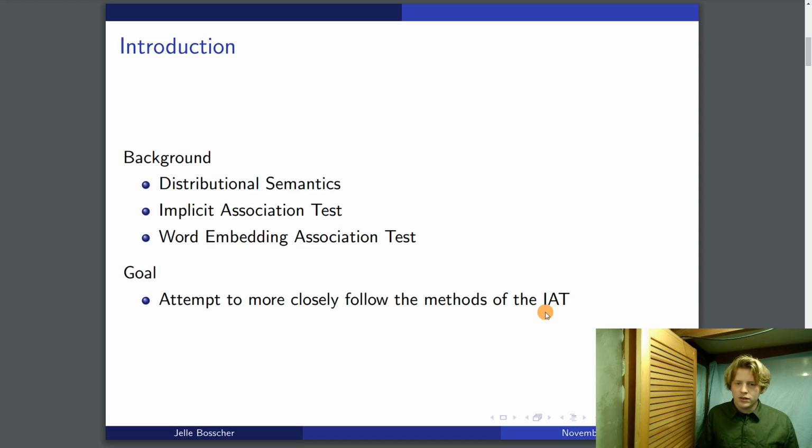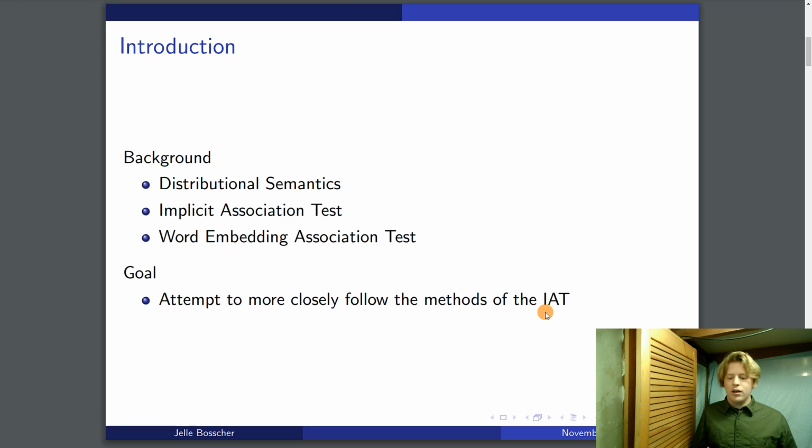It has been shown that distributional semantics is very good at capturing meaning based on some human curated corpus. However, it has also been shown, namely by the implicit association test, that humans exhibit some kind of implicit biases.